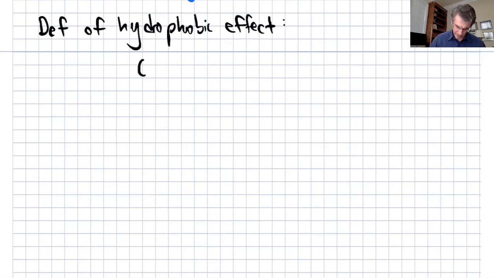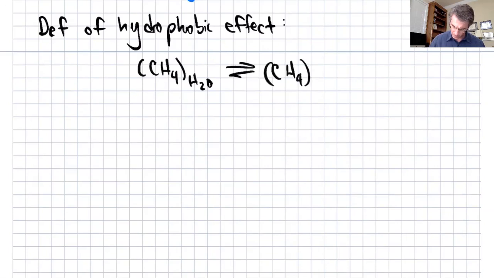If you think back to that transfer experiment that we talked about a couple of lectures ago, the hydrophobic effect is simply the tendency of hydrophobic stuff in aqueous solutions to clump together, right? That is the definition of the hydrophobic effect. The question we're now grappling with is what makes that happen? And we talked about that a little bit the last time, and I pointed out there are several different things.